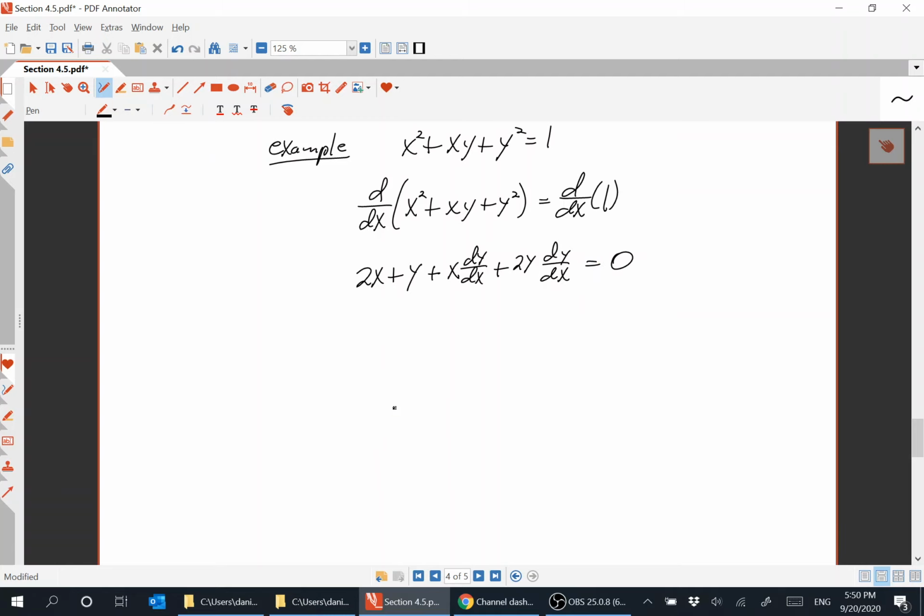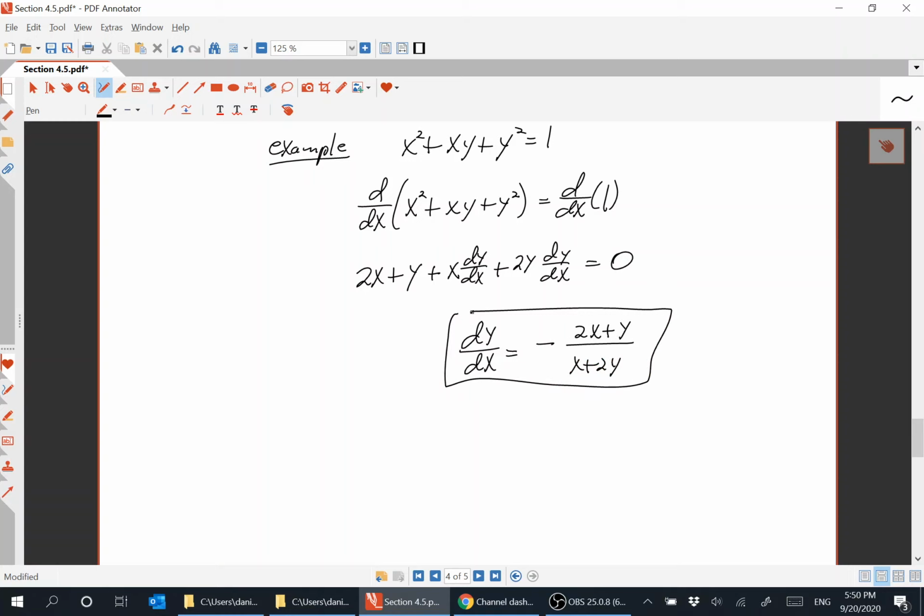Then you solve for dy/dx. So dy/dx is equal to minus (2x plus y) over (x plus 2y).